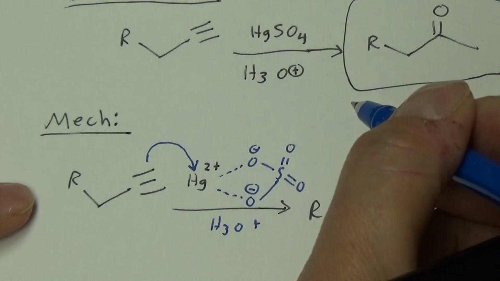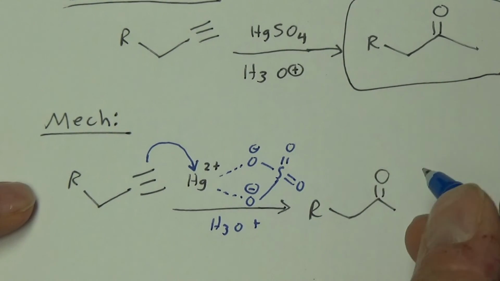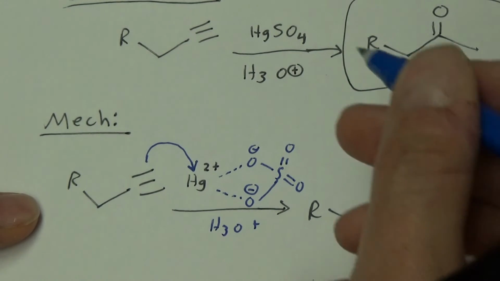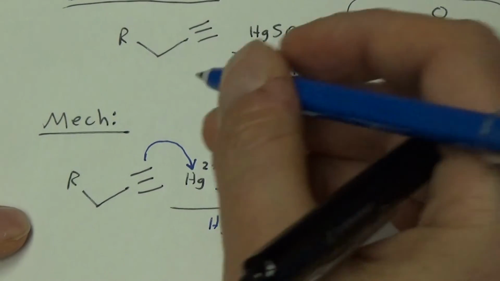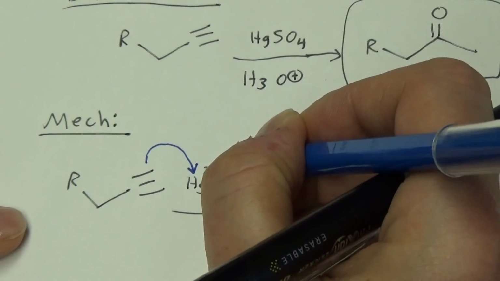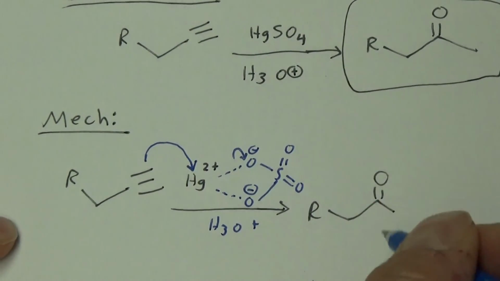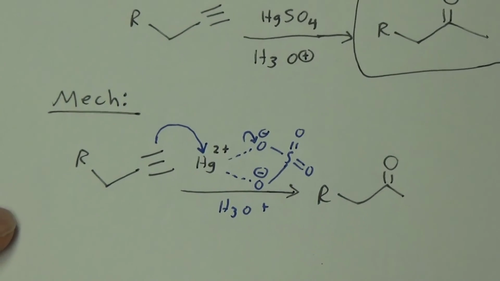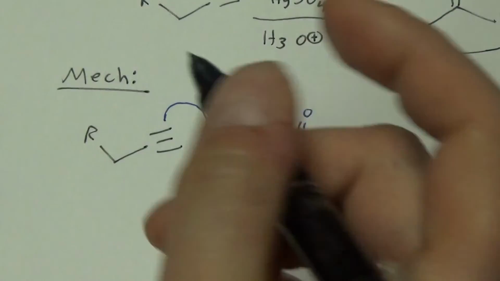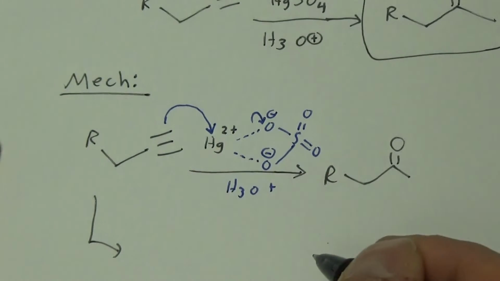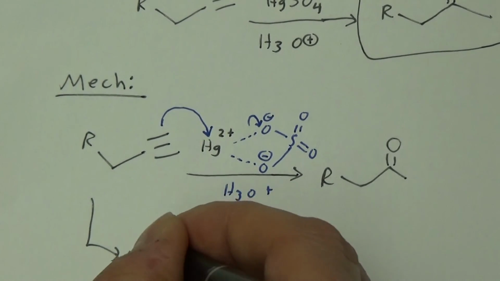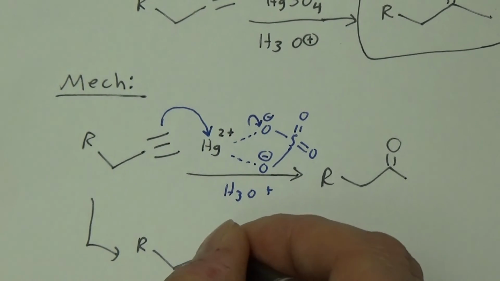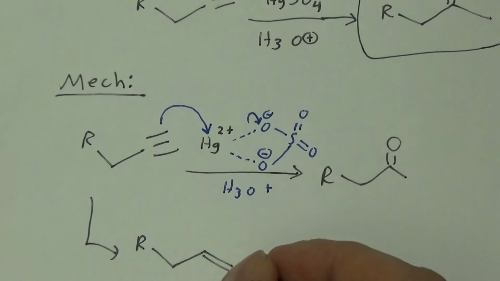And that breaks off one of these. And what does that look like now? What do we got? Well, we got the alkyne thing that's not an alkyne anymore, it's more of an alkene type thing, right? And we have the H down here.